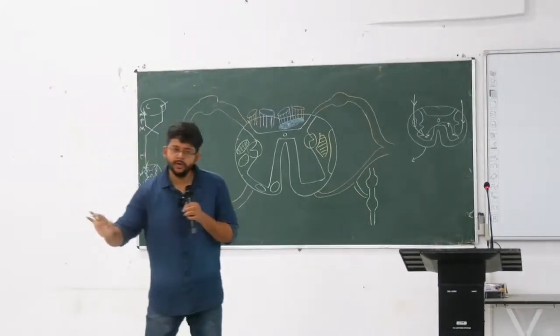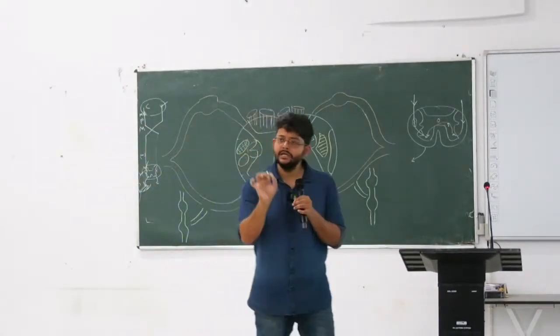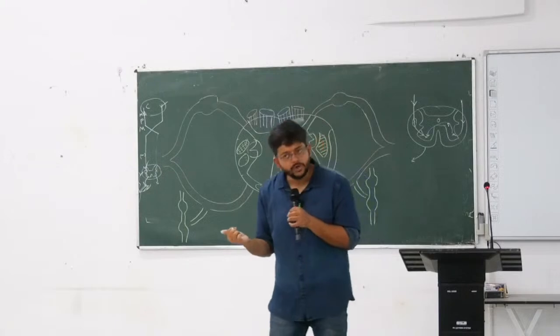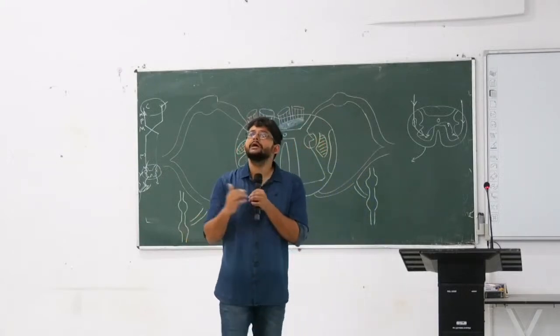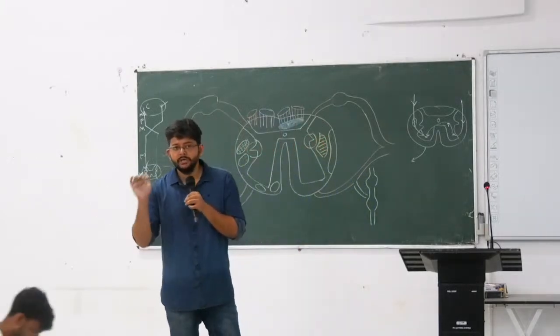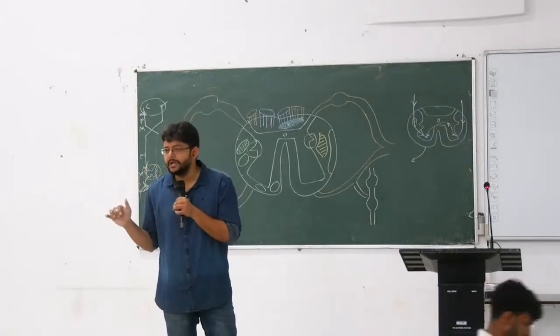So lower motor neuroner upore upper motor neuroner je inhibitory response which is coming from the reticulospinal tract, that will be lost. Jei momente this is lost, what will happen?